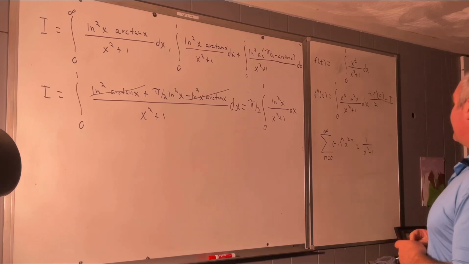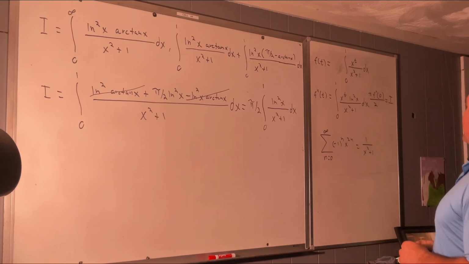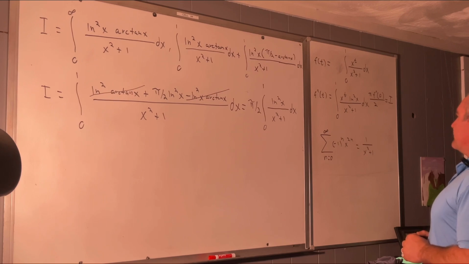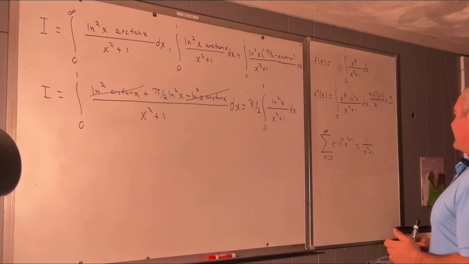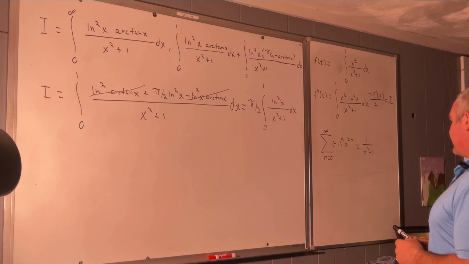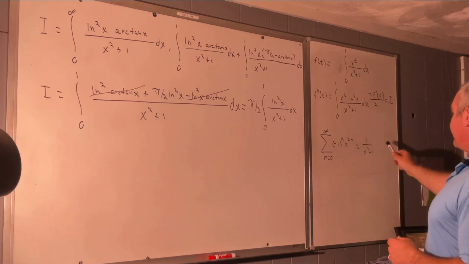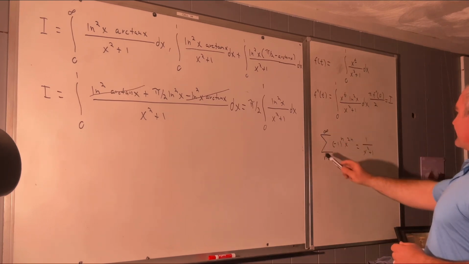And that's true on the interval 0 to 1. One of the bounds is included, the other isn't, but we can get around that by taking a limit if we had to, so we won't worry about it. For our purposes, this is true.